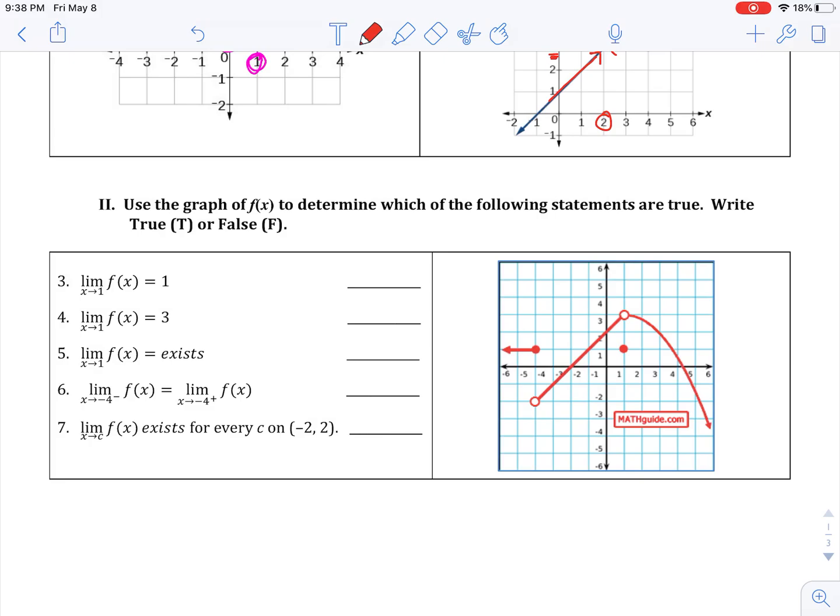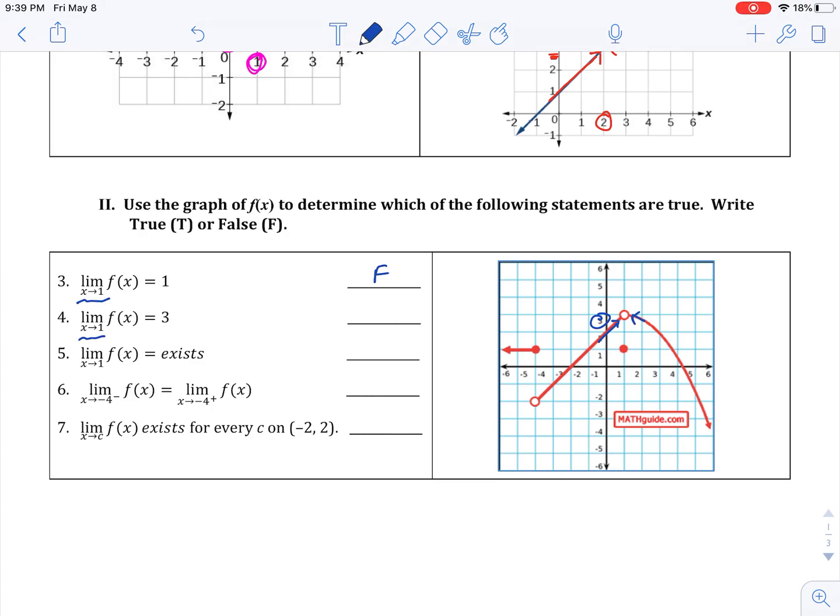All right, so a little bit more practice here, but this time we'll do it with true and false. All right, so this one does not have a positive or negative, so that means I have to check it from both sides. So the limit of f of x as x approaches 1 from the left and from the right, it looks like it exists, but it looks like it's a value of 3 and not 1, so therefore that's false.